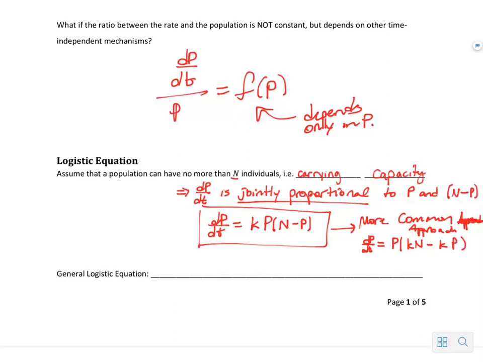Instead of calling these in terms of k and N, we're going to refer to this as A, and we're going to refer to this as B. All I did was distribute the k inside, by the way. And so what we're really going to look at as the logistic equation is one in the following form: dP/dt is equal to P times (A minus B times P).